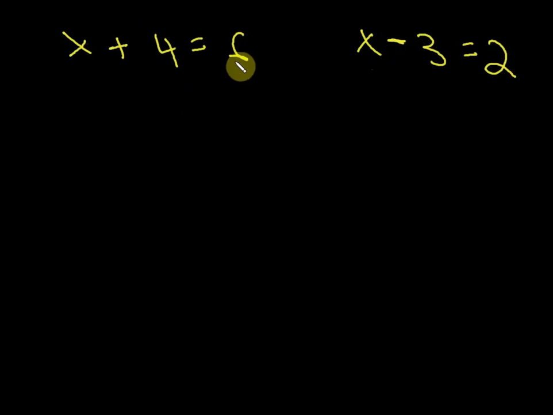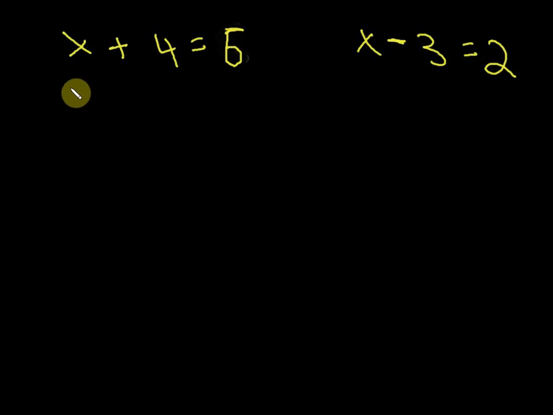So if we did x plus 4 equals 6, and then x plus minus 3 is equal to 2. So how would we... This is a 6. Hold on there. Okay, I had to fix that 6 for a minute there. It wasn't looking right. So x plus 4 equals 6.